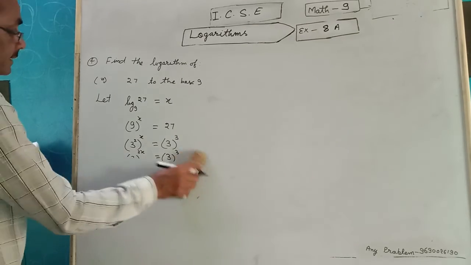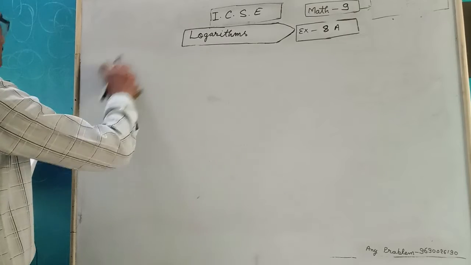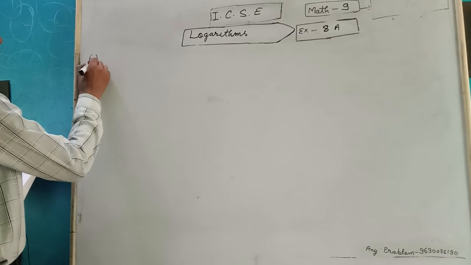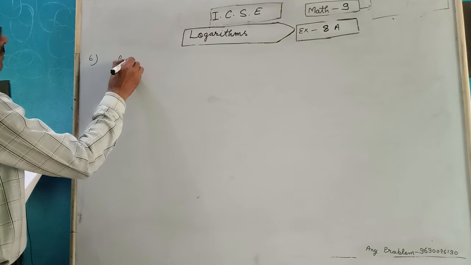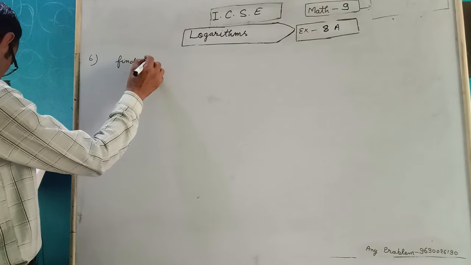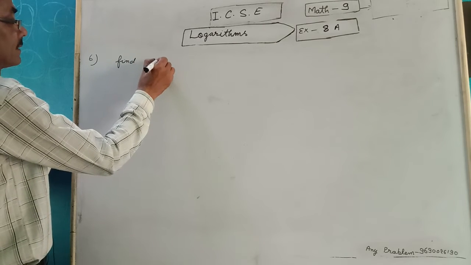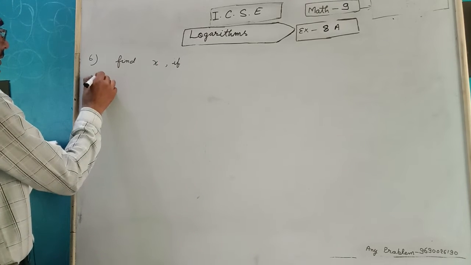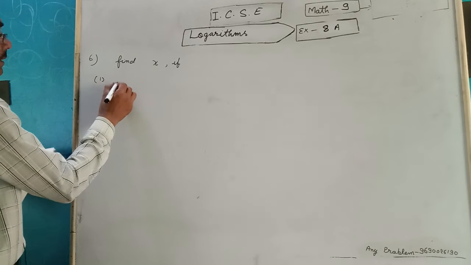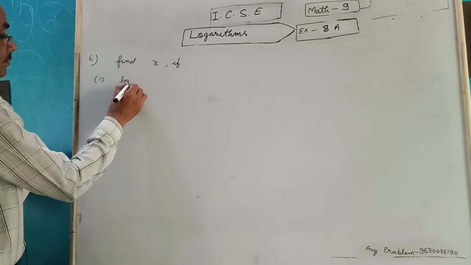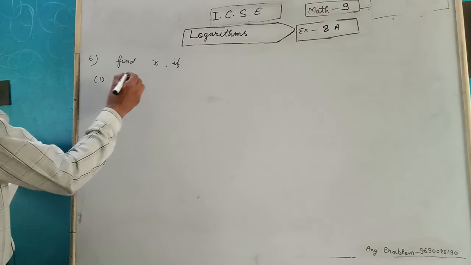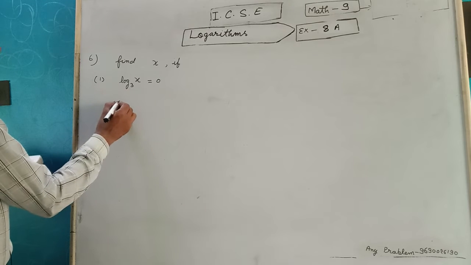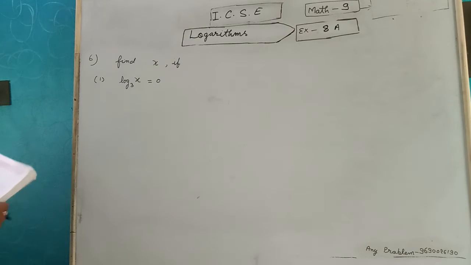Question number 6 is after 4. Question number 6. We find the value of x. Find x if. First part is log base 3, x is equal to 0. We find the value of x.